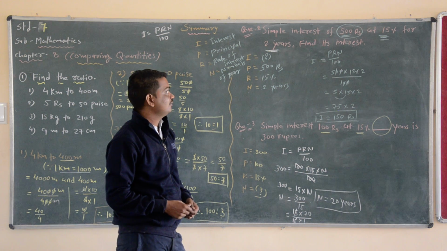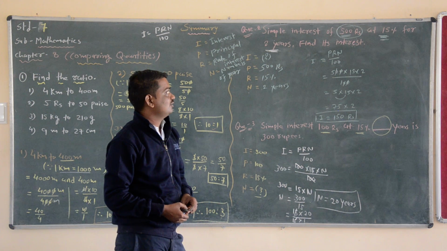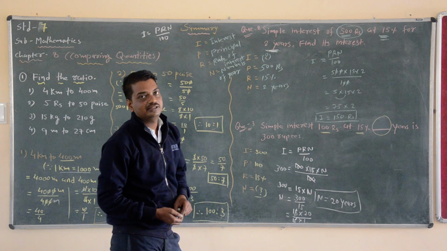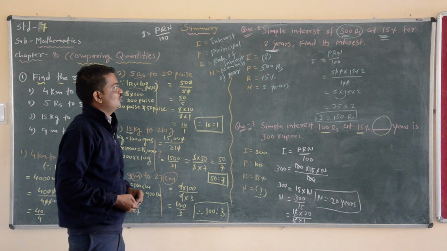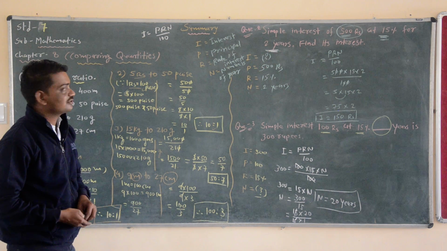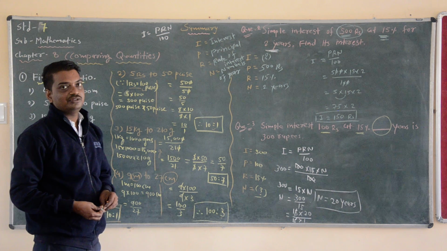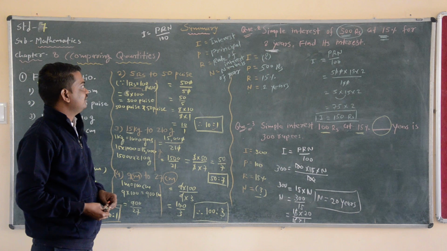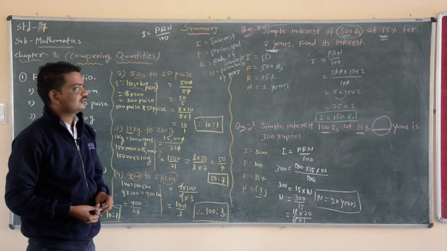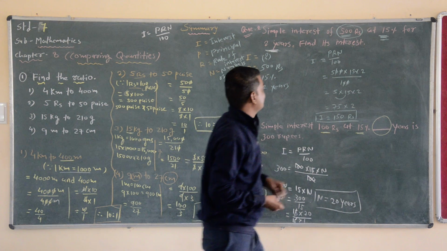In the formula, I is interest, P means principal, R means rate of interest and N means number of years. Okay, now we are going to solve our sum.